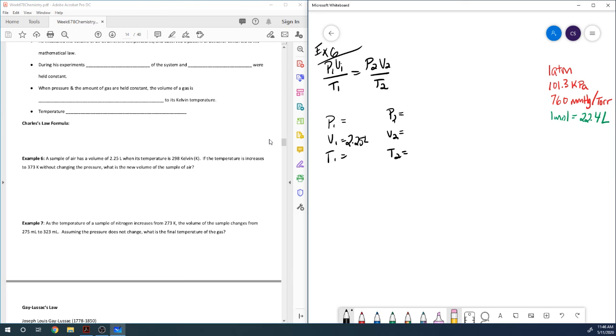Temperature is 298 K. If the temperature increases to 373 K, I'm having a hard time with numbers today, without changing the pressure. Notice, no pressure change. So we don't care about pressure anymore. Okay? What's the new volume?